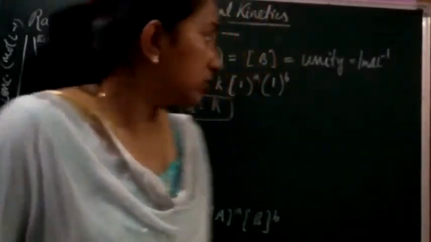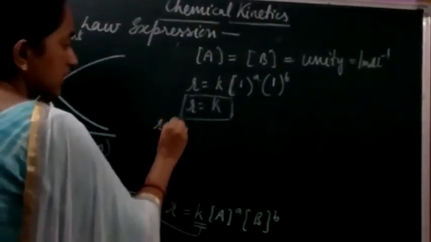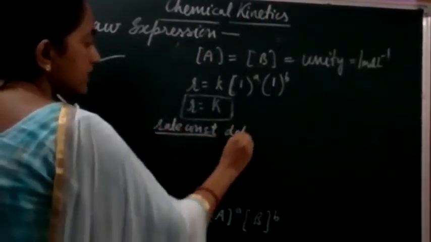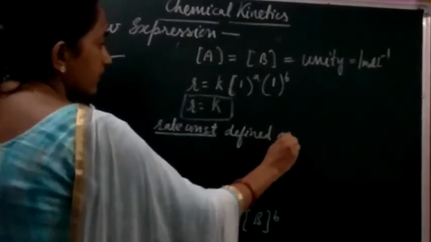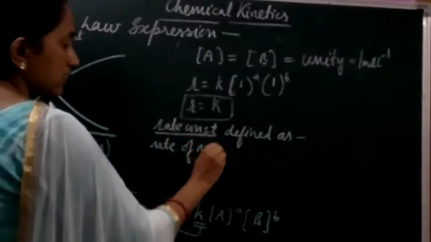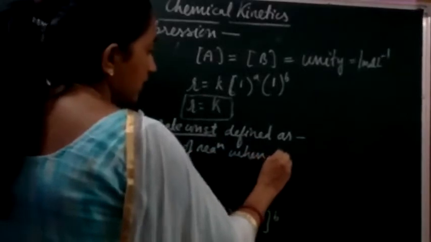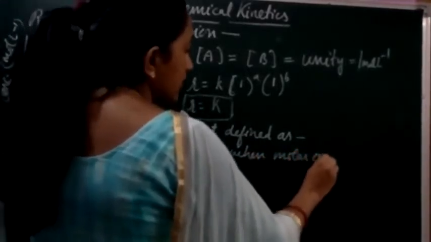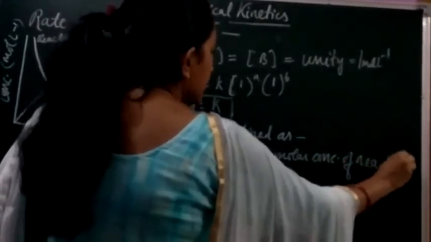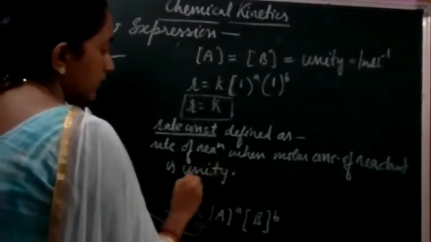So how will we now define the rate constant? Rate constant is defined as the rate of the reaction when the molar concentration of the reactant is unity, right?